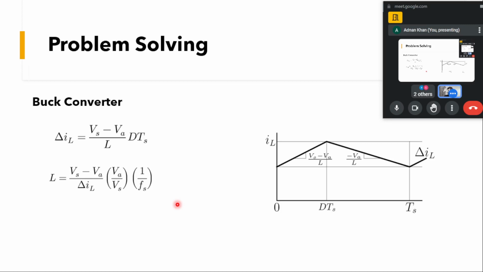Anyone? I'll give you a minute or two. These are the parameters, this is the equation I have. Everything is given here. You only have to put in the values.